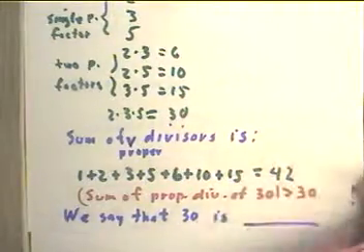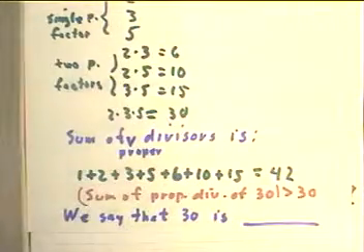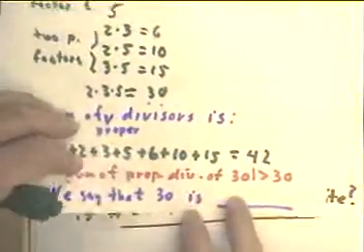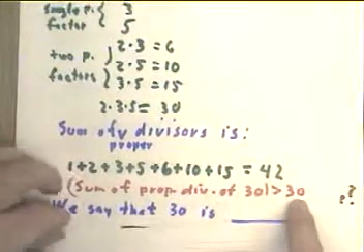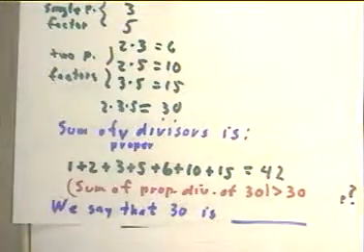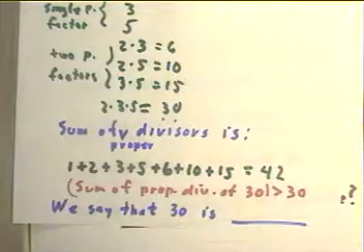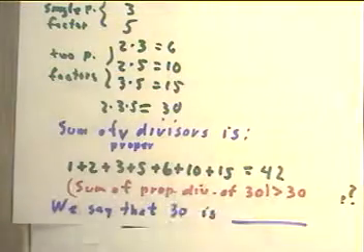The number has divisors that add up to more than the number itself. Okay, well, we give a name to that. We say that we got a lot of divisors here.